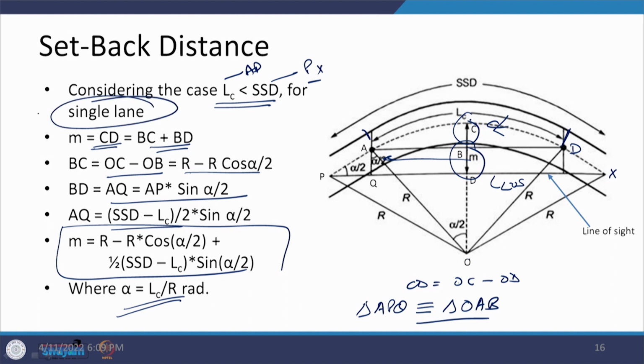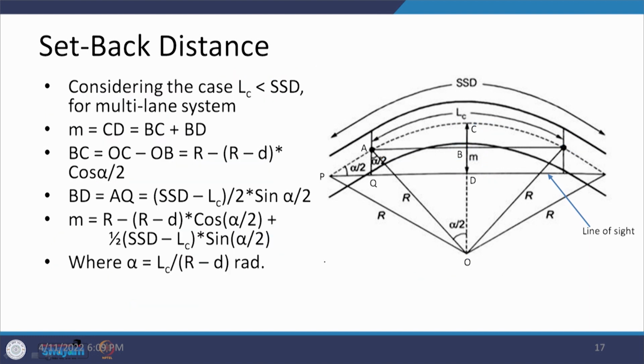But as soon as you move to the multi lane condition, alpha is going to change, and accordingly the changes come in terms of r minus d as well as alpha, where alpha is LC divided by r minus d radians, which is finally converted into degrees to use in cosines and sines.